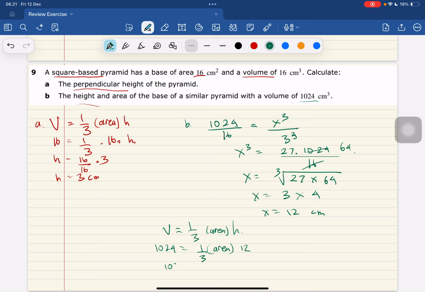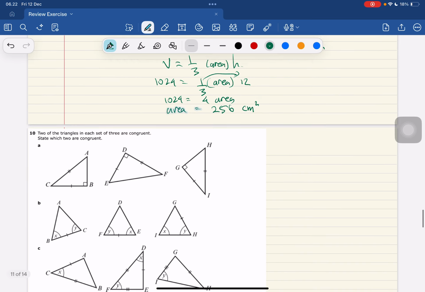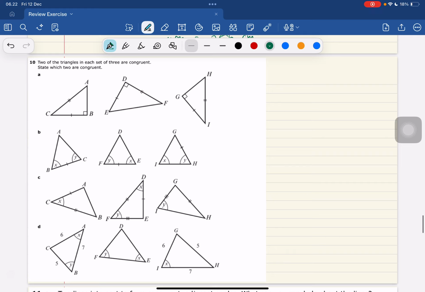So 1024 equals 4 times the area. We divide both sides by 4. 1024 divided by 4 is 256 centimeters squared.